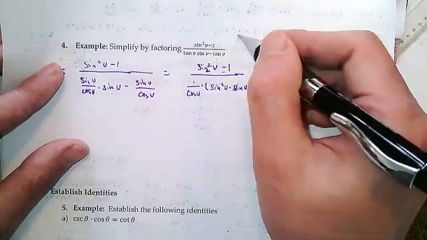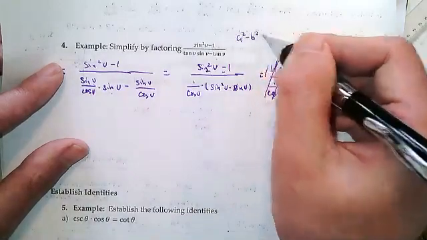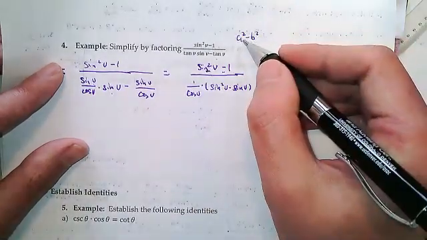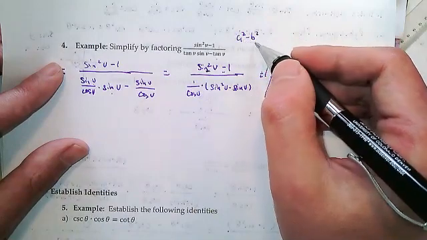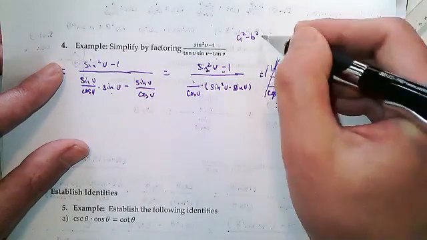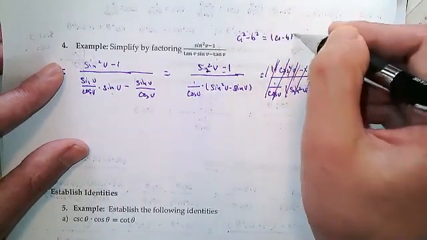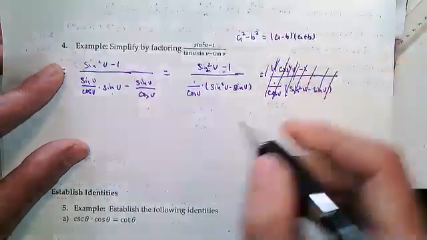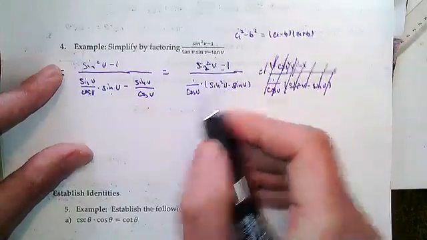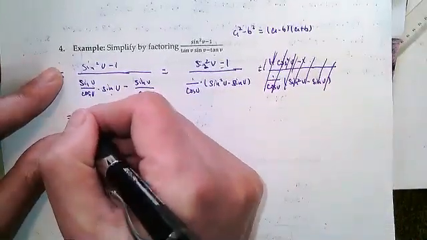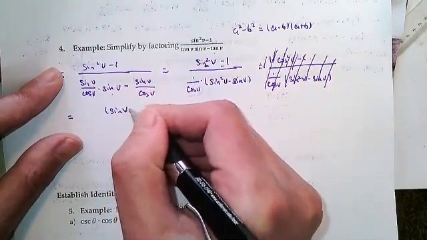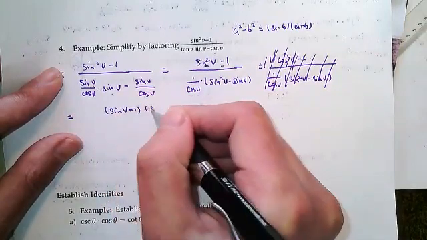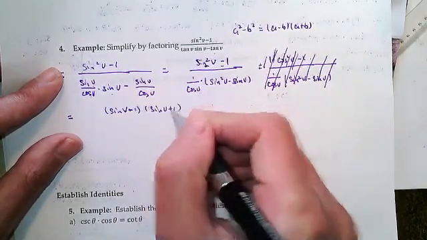Because this falls into the a squared minus b squared pattern. What if you get a squared minus b squared? Which give you a minus b, a plus b. So what is this equal to? Sine v minus 1, sine v plus 1.